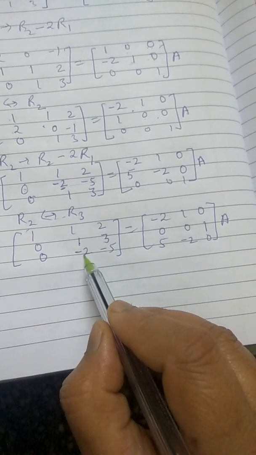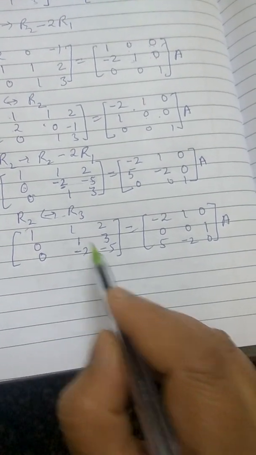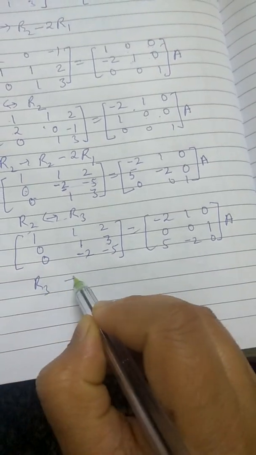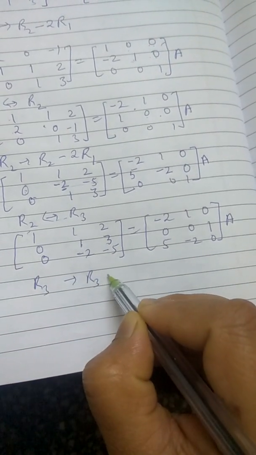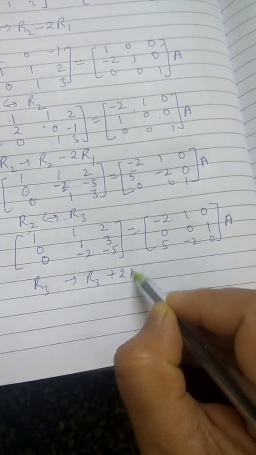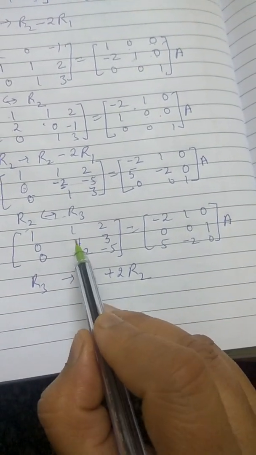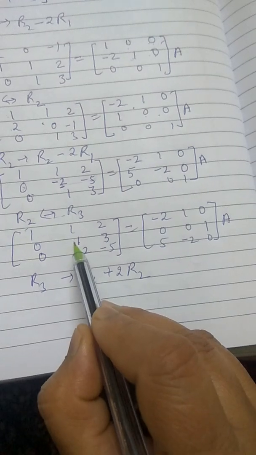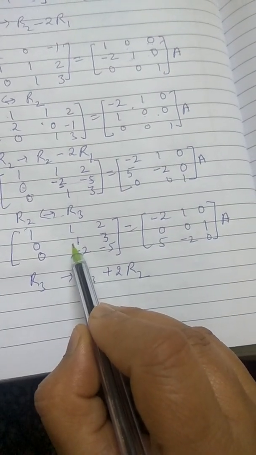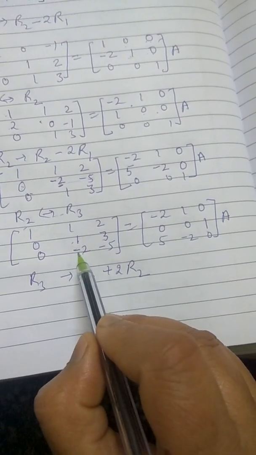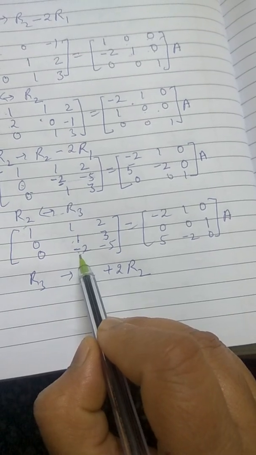Now we have to make it 0. That means in R3 we apply R3 plus 2R2. We use the second row. -2 is there, therefore we multiply the second row by 2. Plus 2, then 2 minus 2 becomes 0.